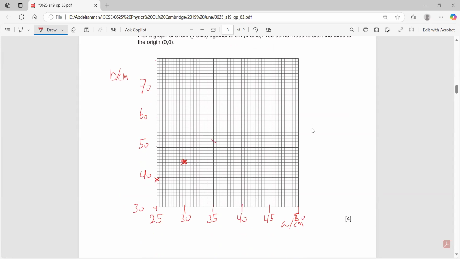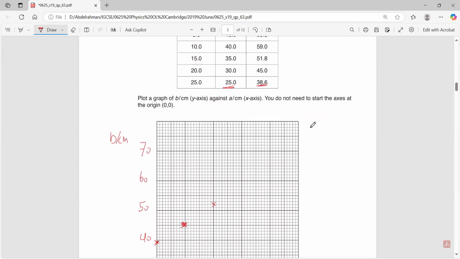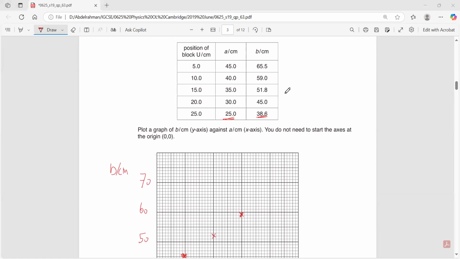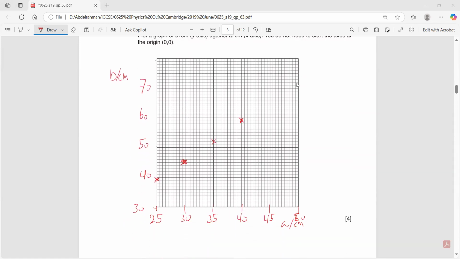Okay, 52. 40 and 59, over here. And then last but not least, 45 and 65.5. Okay, right over here, this point.